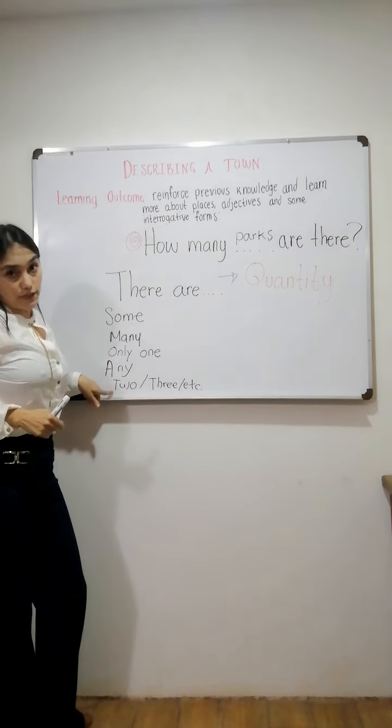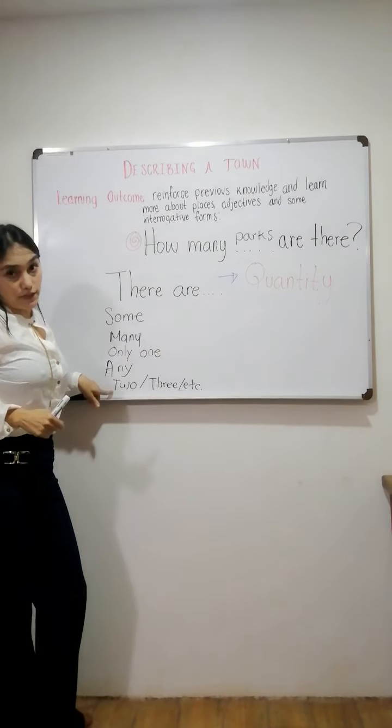Or many, muchos, there are many parks, or some. You don't know how many, but you can say there are some parks. But what happens if there are no parks in your town? You say there isn't any park.